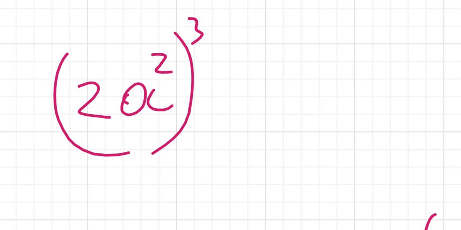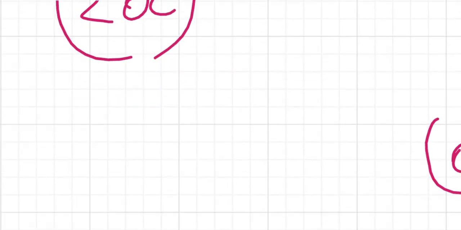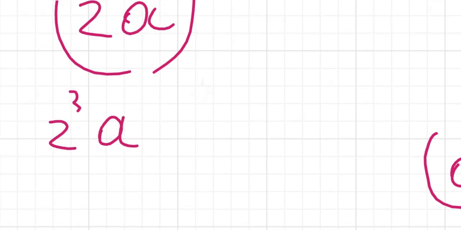Even the 2 has an exponent right there, so we could multiply that by 3 and multiply that by 3. So what we will have is 2 raised to the third times a raised to the, a raised to what?